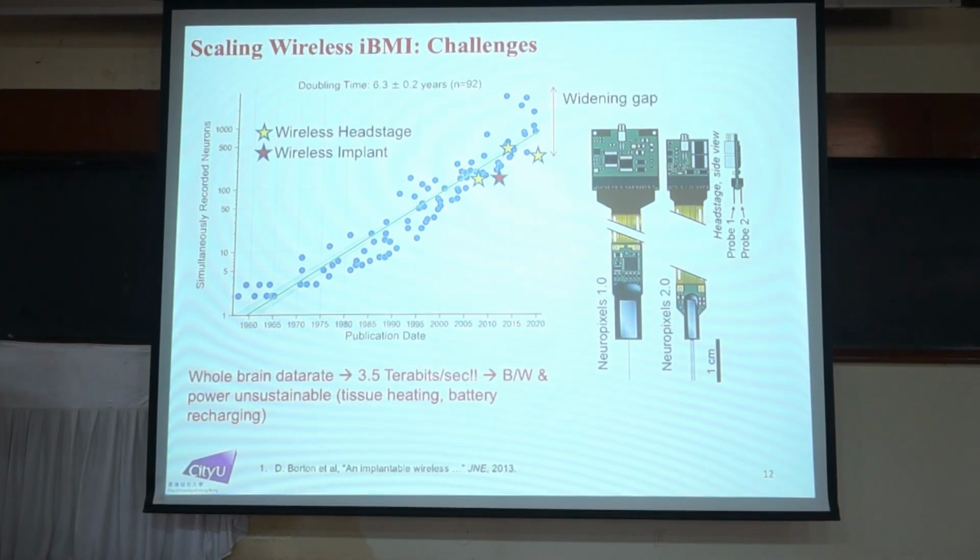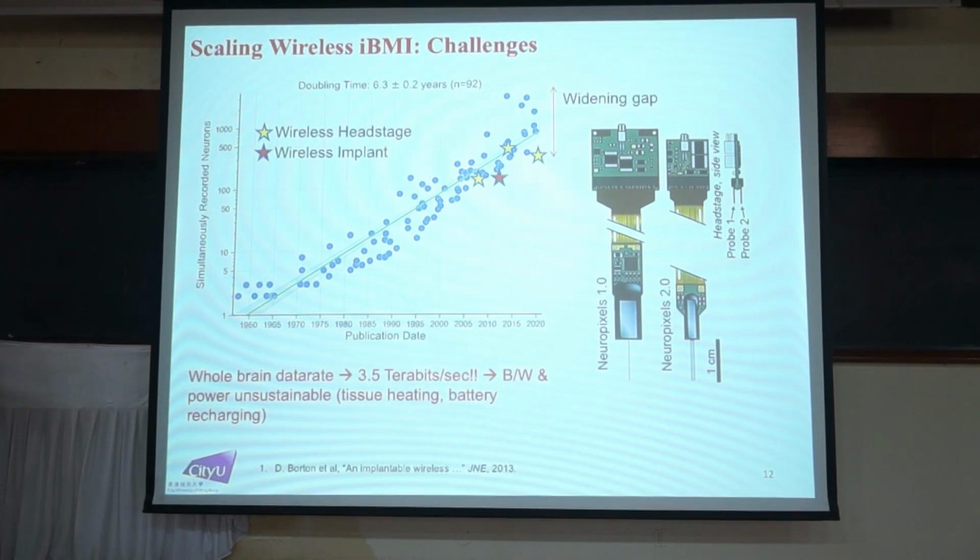Basically, you can keep on recording from more and more neurons as technology improves, which is good for us. We are getting more information. But that's a bigger challenge for creating a wireless system because now your data rate is blowing up. If you think about it, published wireless head stages and wireless implants are about here. Already we are recording at a much higher number of neurons. So there's a big gap here.